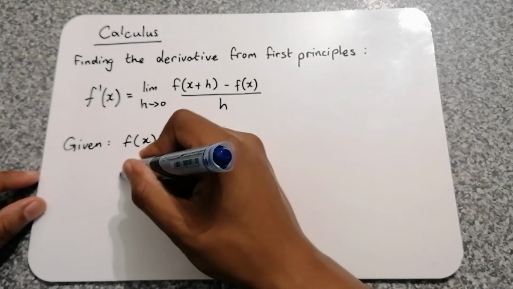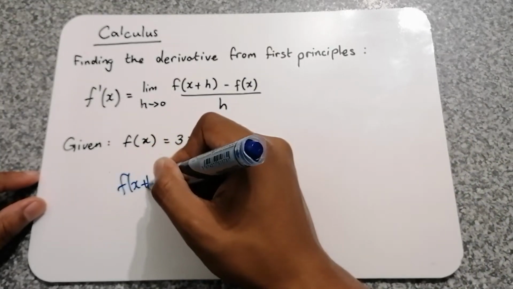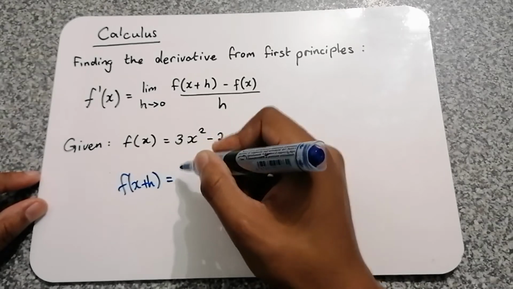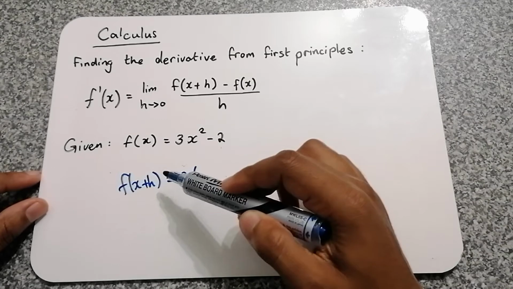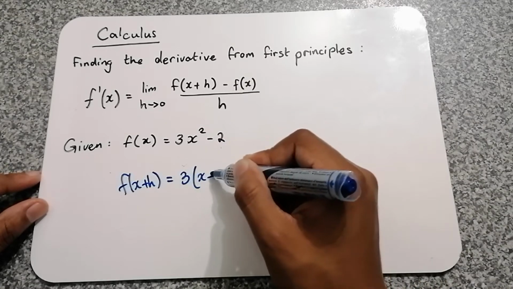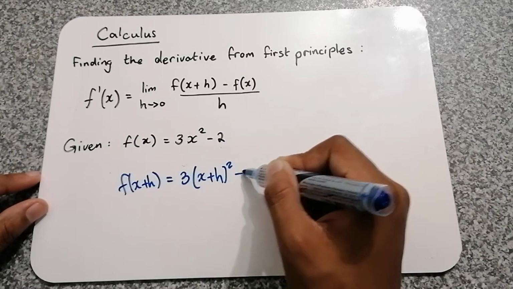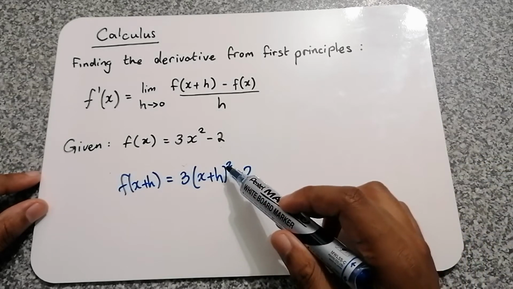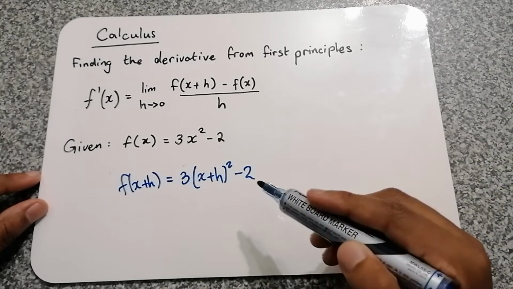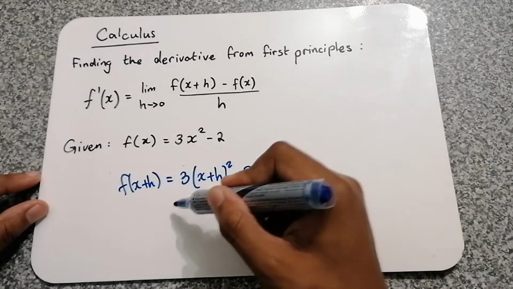So f(x + h) will be, if I substitute x with x + h, 3(x + h)² - 2. So this is the function, but I'm just going to multiply it out to get it in its most simplified form.